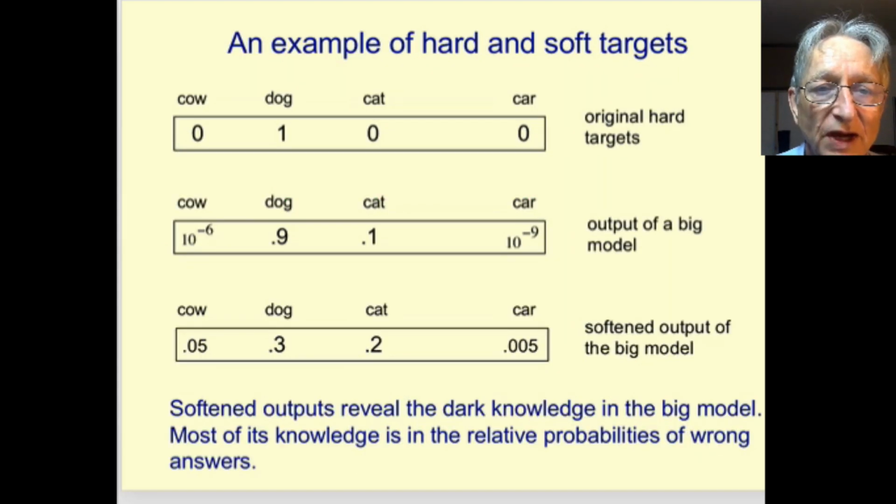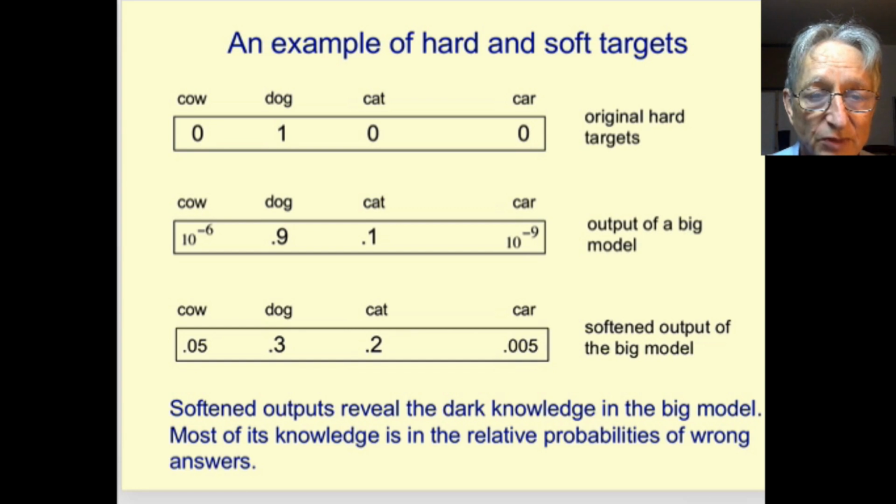So at the top here, you have maybe what the hard targets are for an individual image. That's what's in the database. If you look at the output of a big model that's already been trained, it's pretty confident it's a dog, but it just might be a cat. That doesn't provide much information about the function. But if we soften those outputs by using a high temperature in the softmax, that is, we divide all the logits by this temperature, then we get a far more uniform, far softer distribution, and that begins to show all sorts of things that were hidden.